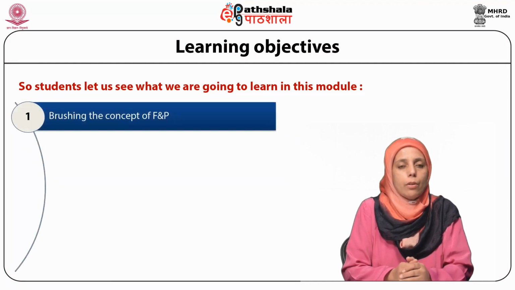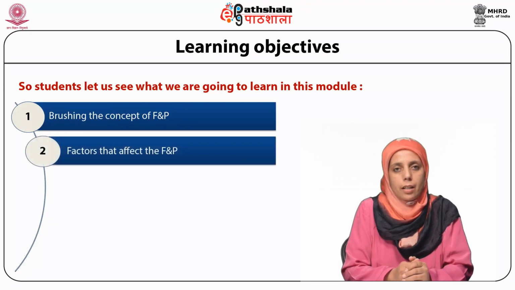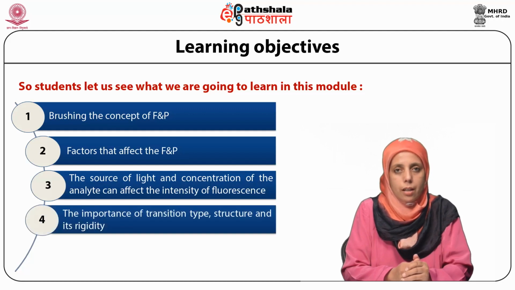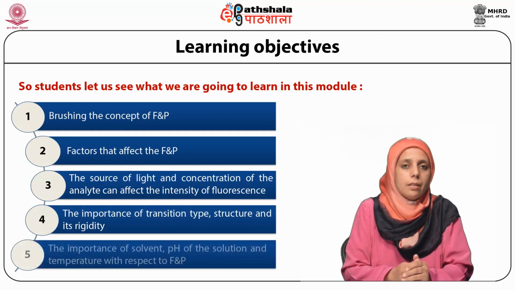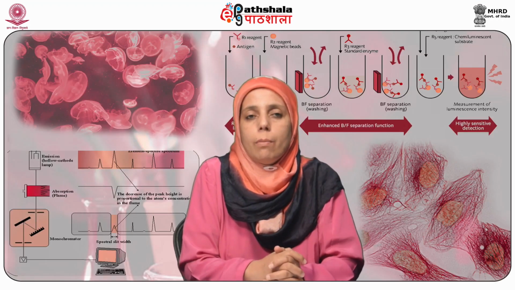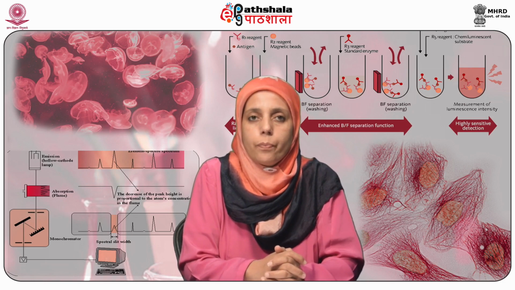First, we'll brush up the concept of fluorescence and phosphorescence, and the factors that affect them: the source of light, the concentration of the incident light, which can affect the intensity of fluorescence, the importance of transition types, structure, and its rigidity. We also will discuss the importance of solvent, pH of the solution, and temperature with respect to fluorescence and phosphorescence.